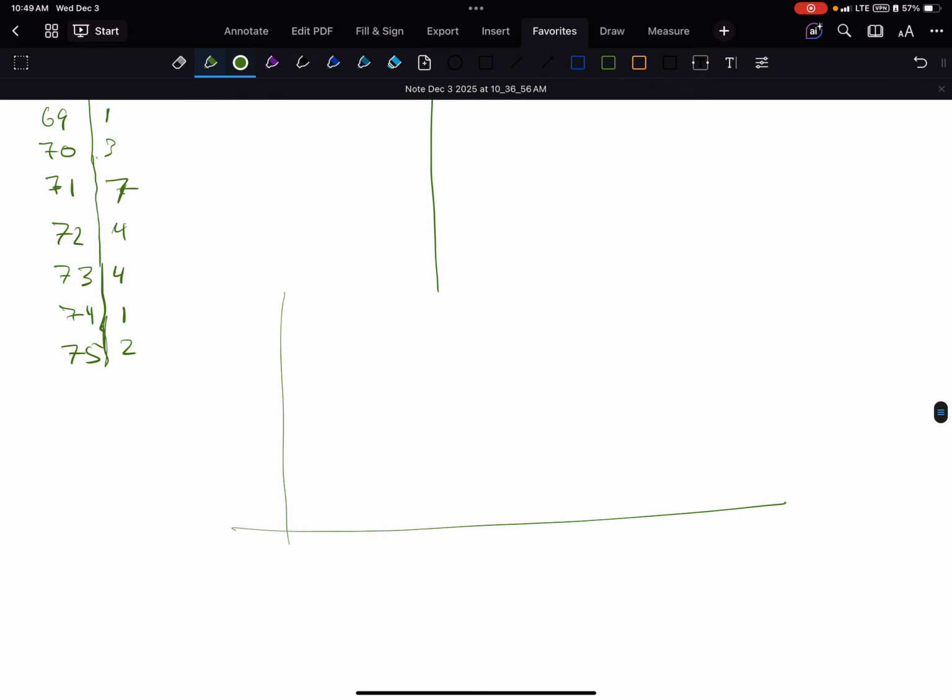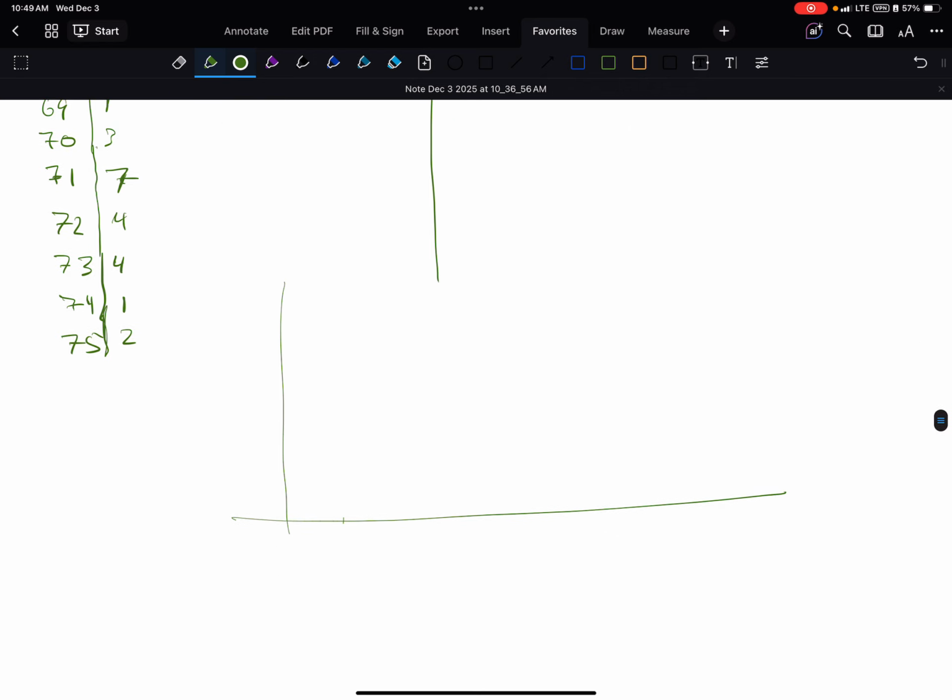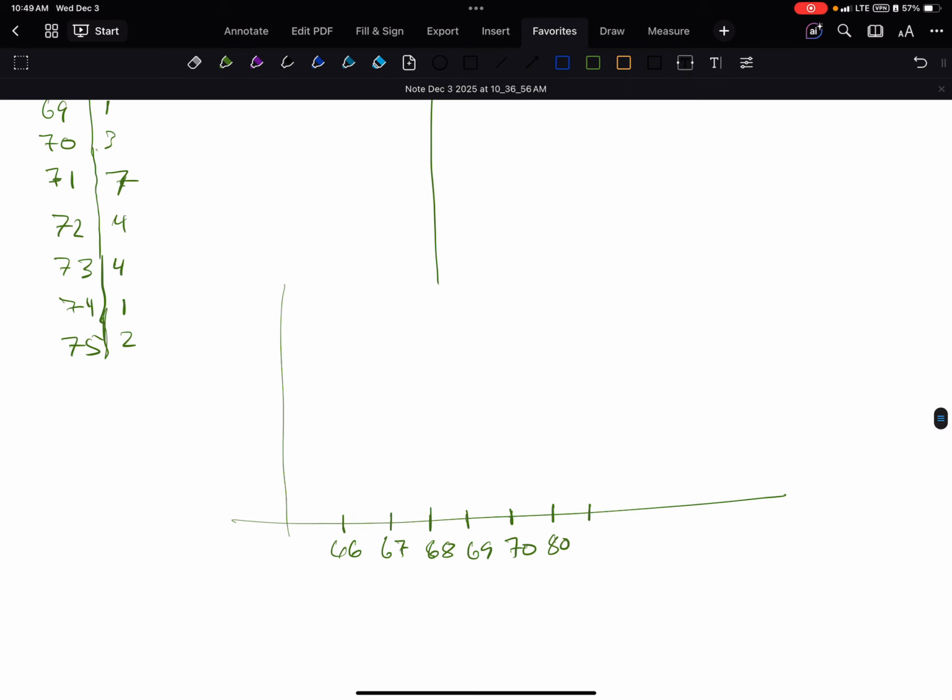I'd have tick marks at 66 through 75. So 66, 67, 68, 70, 71, 72, 73, 74, 75.